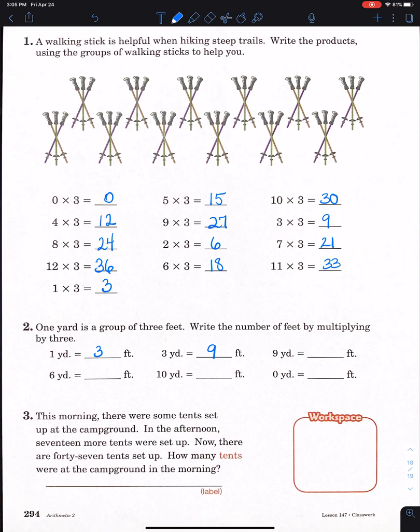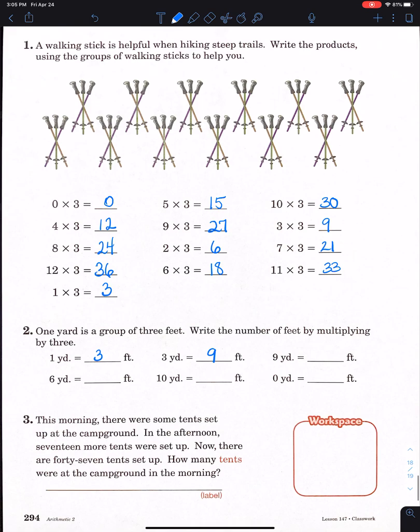Okay, 9 yards. How many feet will be in 9 yards? Well, that would be 9 groups of 3, or 9 times 3. 9 times 3 equals 27. 6 yards equals how many feet?